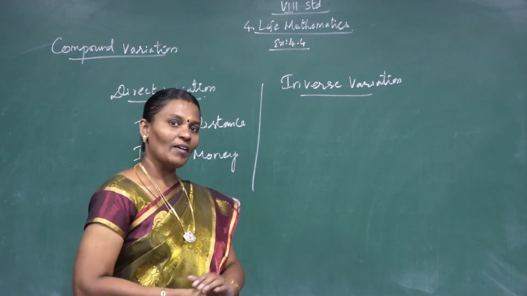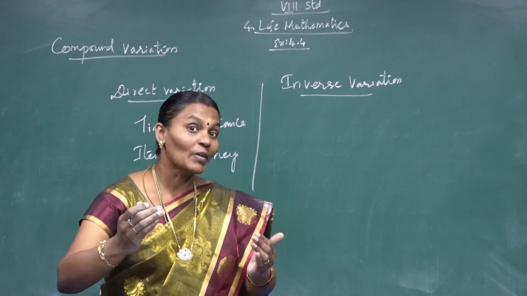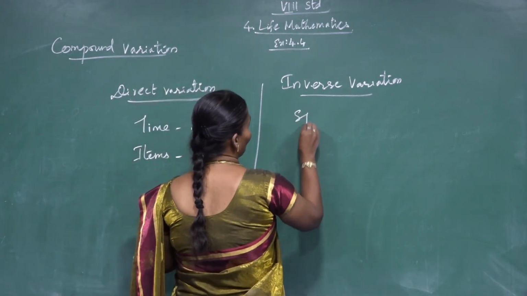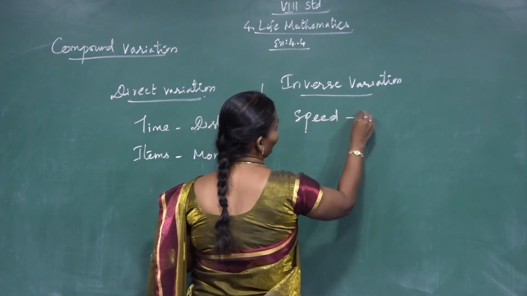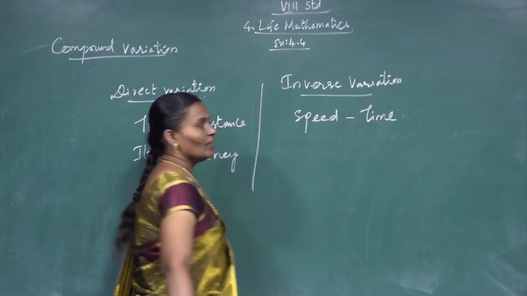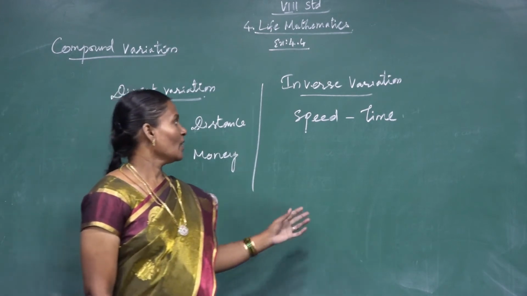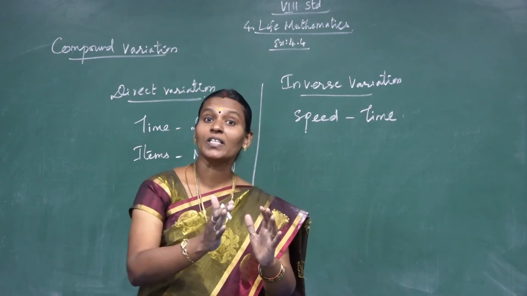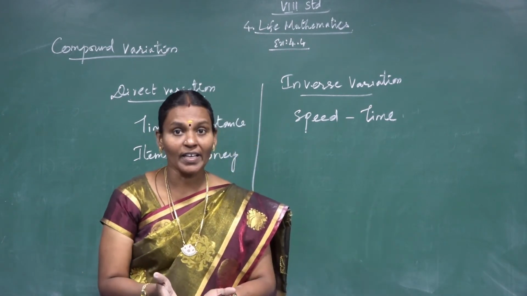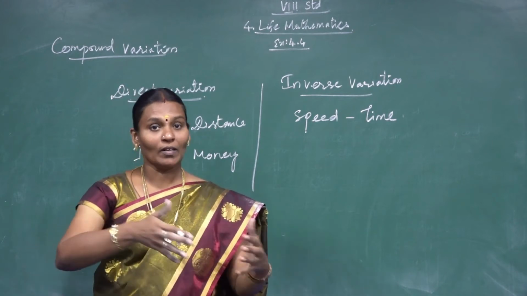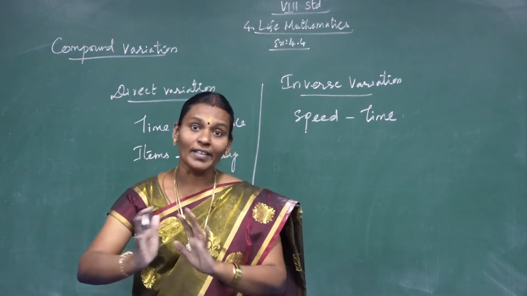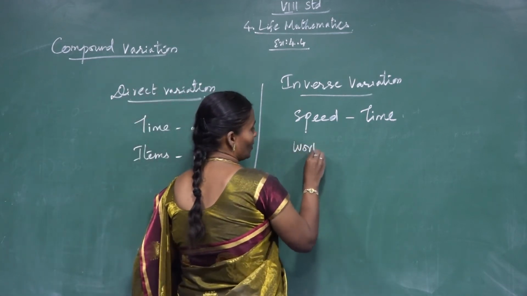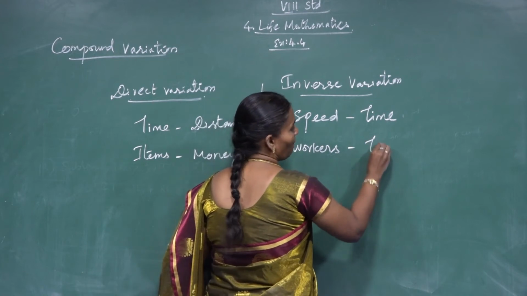Am I correct, children? If you increase the speed, time will be reduced. So speed and time, the best example. The next is, if the number of workers is increased, definitely the time taken to complete the work also decreases. So number of workers, time.